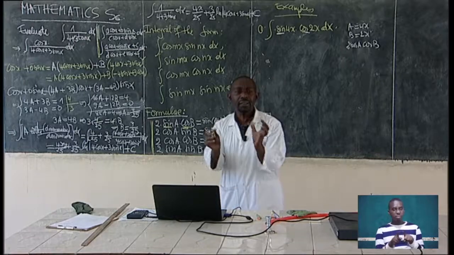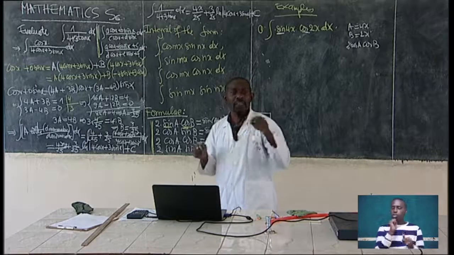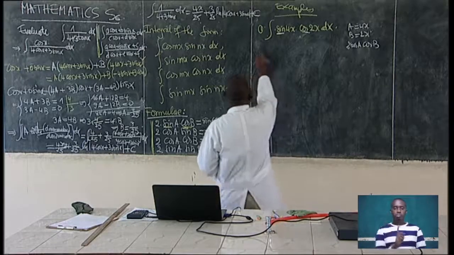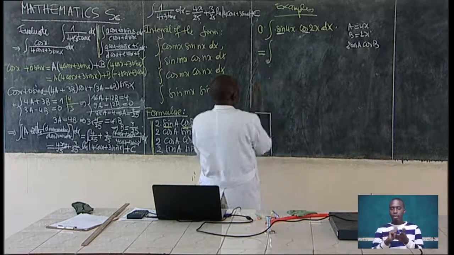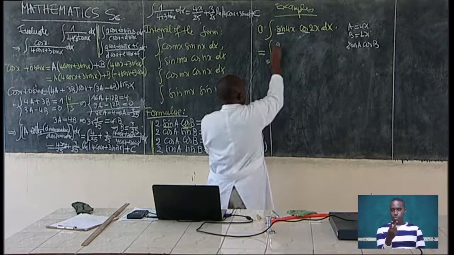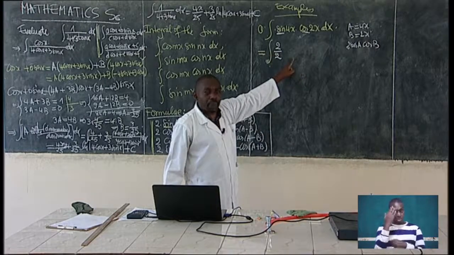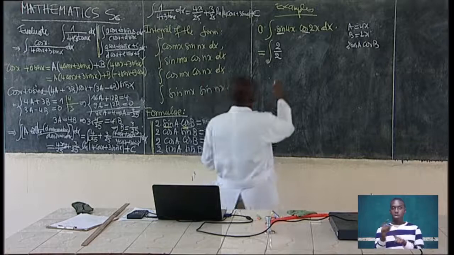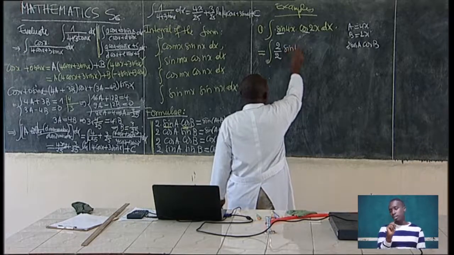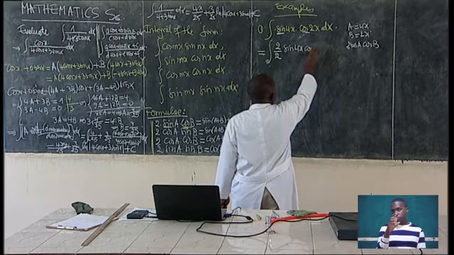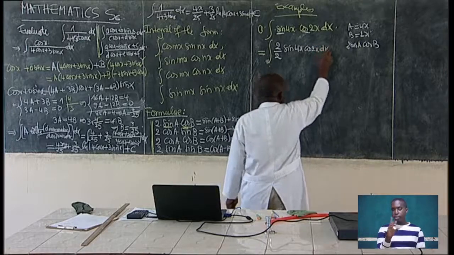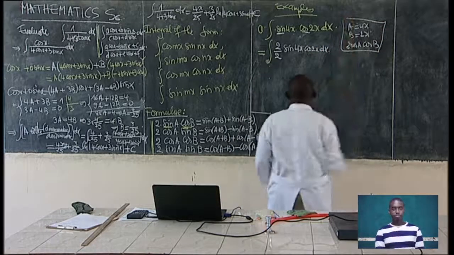It is like a hint, but I'm not going to change my integral. I can write the integral of 2 divided by 2, there is no change because 2 divided by 2 is 1, then times sine 4x times cosine 2x dx. Do you see?